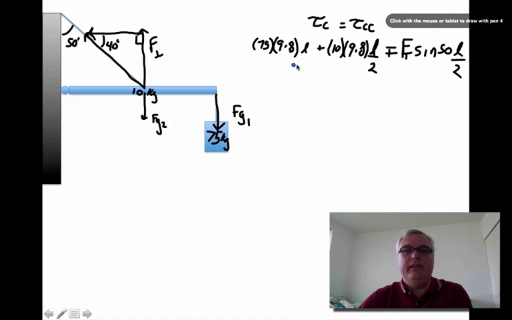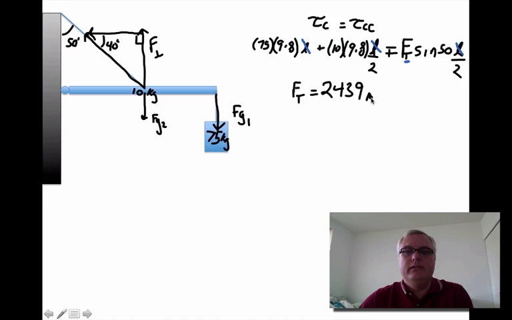And now you'll see that the length appears in every term, so we can cancel, divide through by the length. And now the only unknown is the force of tension. So once I put all of this into my calculator, I find that the tension force is 2,439 newtons.